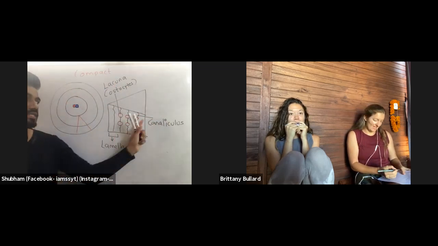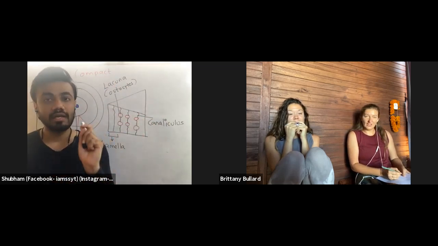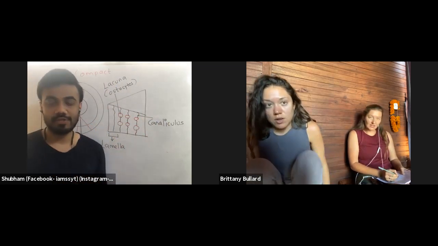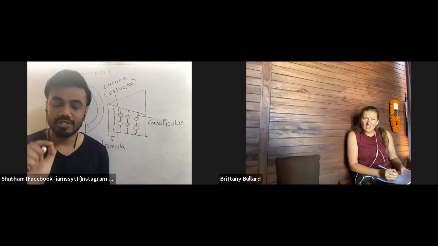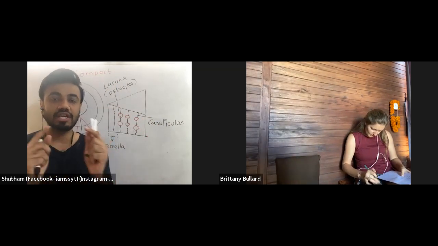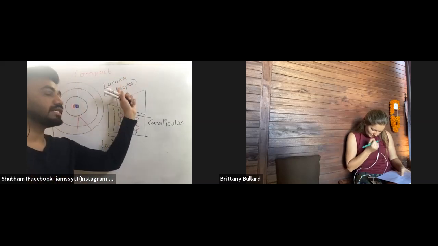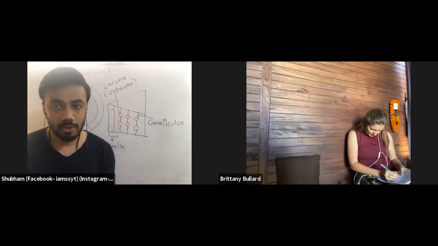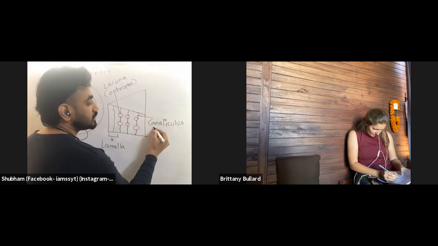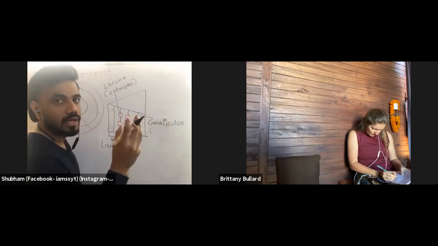Those canaliculus contain interstitial fluid. That means it will provide the nourishment for osteocytes. I repeat, this canaliculus contains some fluid.